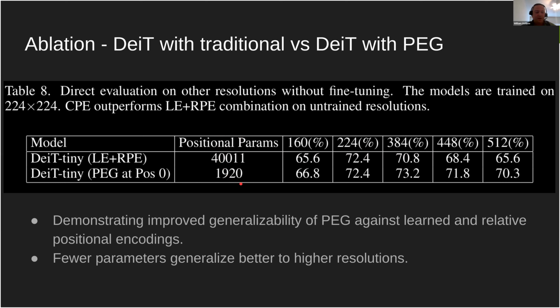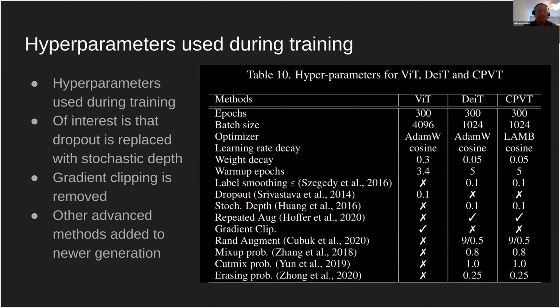But it seems like their PEG is doing better. I put this here just in case anybody has comments or interest in any of the types of hyperparameters they were using.